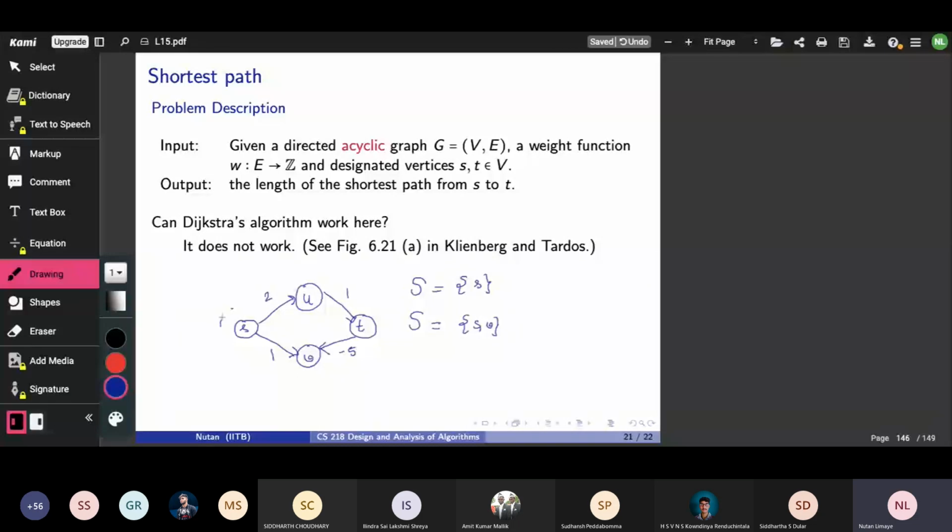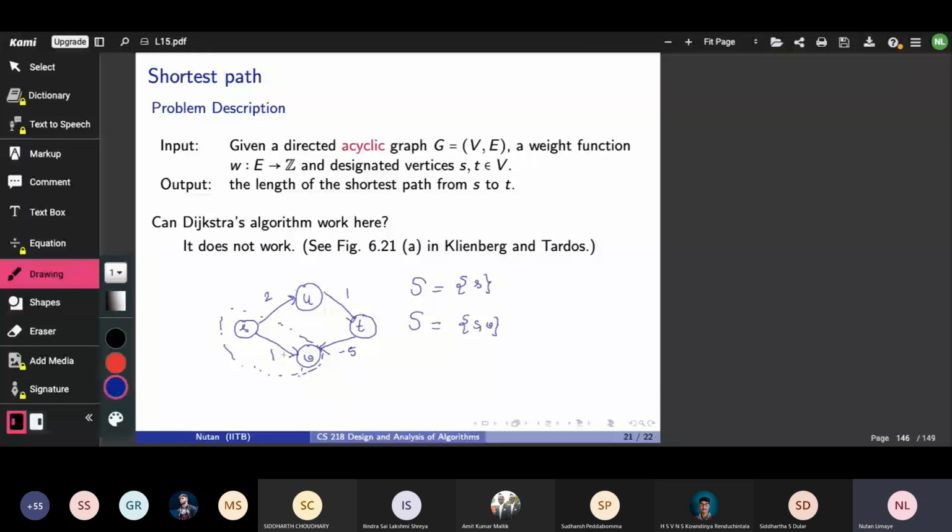So now my S is looking like this. But note that indeed, this is not the correct choice for finding the smallest path from S to V. Here, by storing S, V as the optimal set, in a way I'm suggesting that the best way to get to V is via this edge that locally seems to be the lowest.